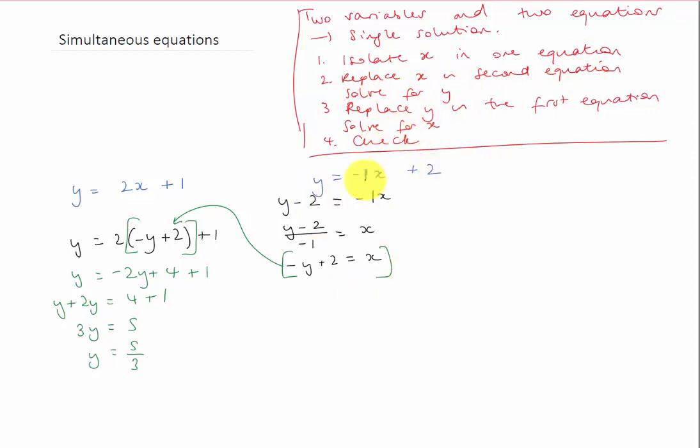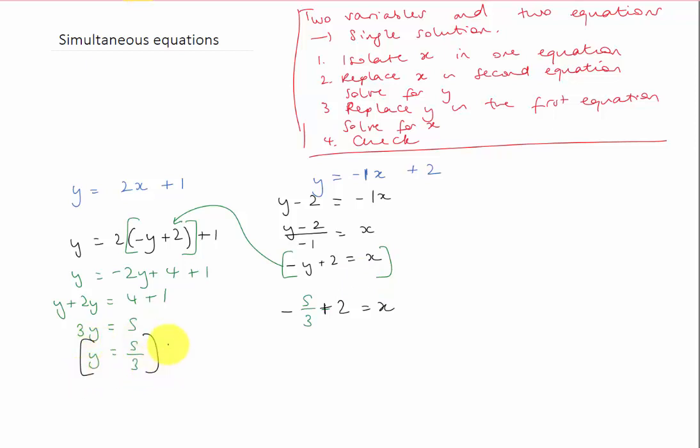So now I need to go back into this first equation and replace y by the number I found. Okay, so here we've got minus y plus 2 is equal to x. So that's minus 5 thirds plus 2 is equal to x.